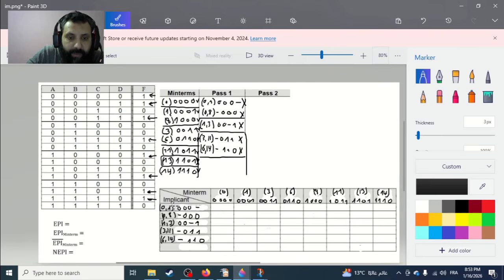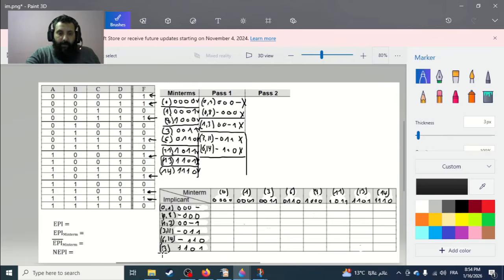And we have the last one, 13. It's a min term, but at the same time a prime implicant because it was not grouped. 13 we have to write without dash. Okay, very good.